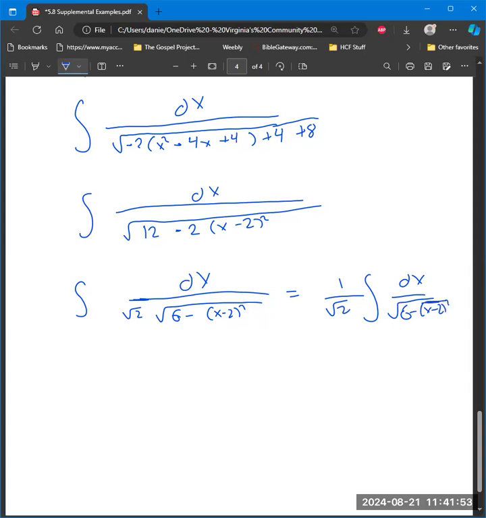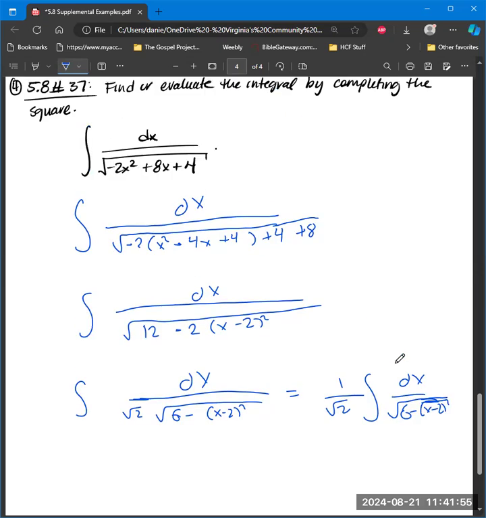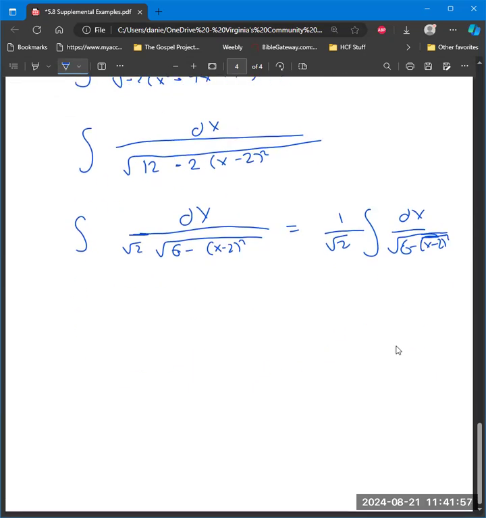And then, we had an indefinite integral there. I'm just going to leave that as it is. I might rationalize it at the end if I need to, but right now u is equal to x minus 2, du is going to be dx, and a is equal to the square root of 6.